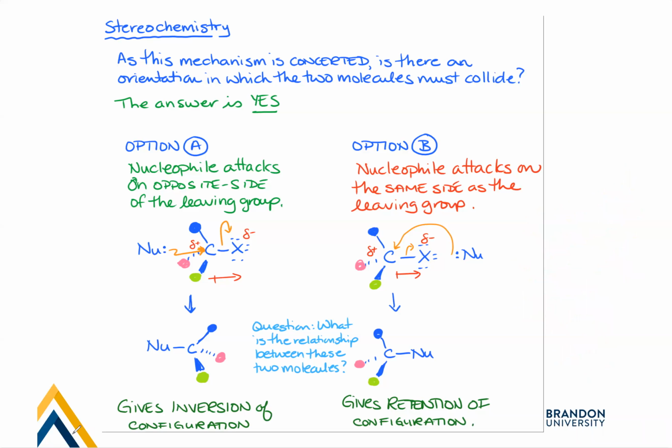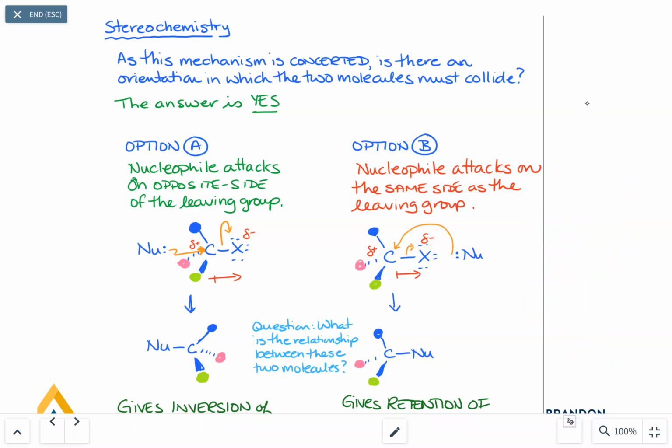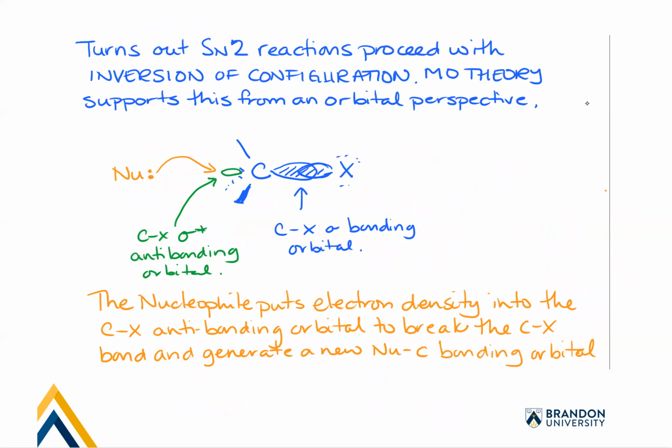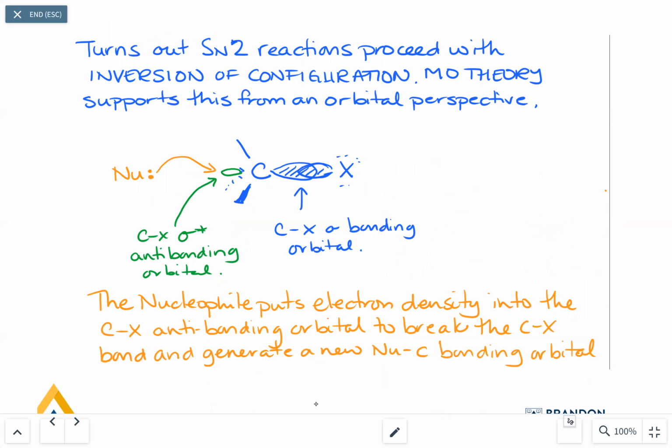Good. Okay, so now the question is, where in the world is that sigma star orbital? Turns out, if this is your CX bond here, so you've got your overlap, the antibonding orbital is on the opposite side of the carbon.